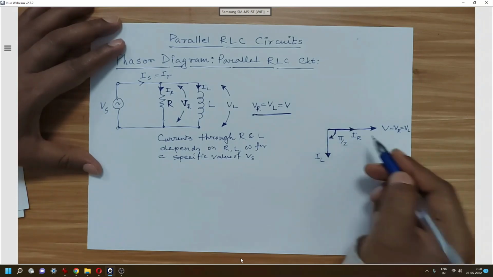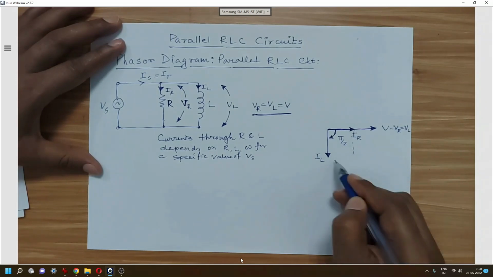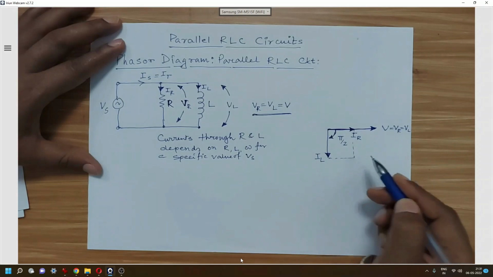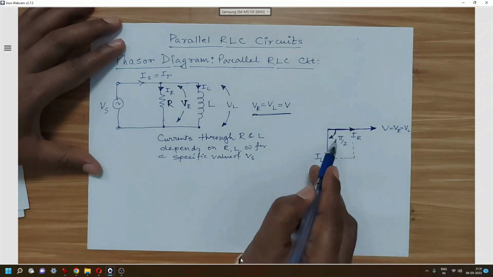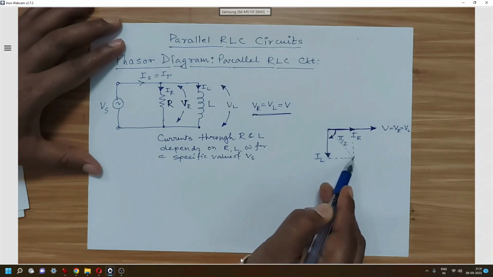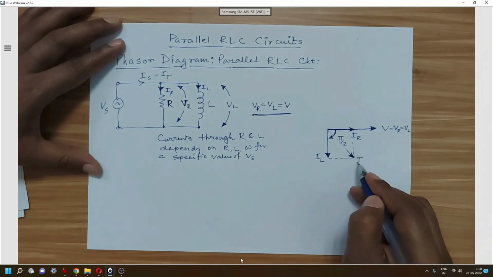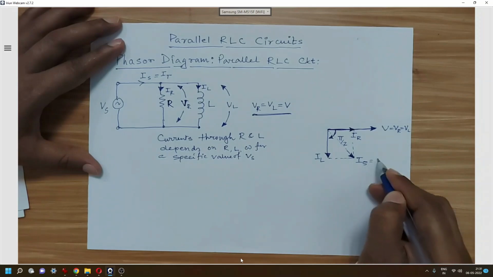So this is the phasor diagram of the two-element parallel circuit, that is R and L, the RL parallel circuit, and the current phasor indicating the total or resultant current will be obtained in this direction, and that will be denoted by IS or IT.